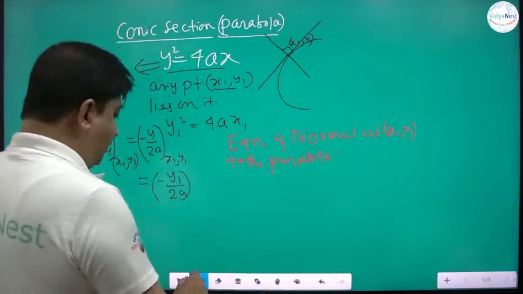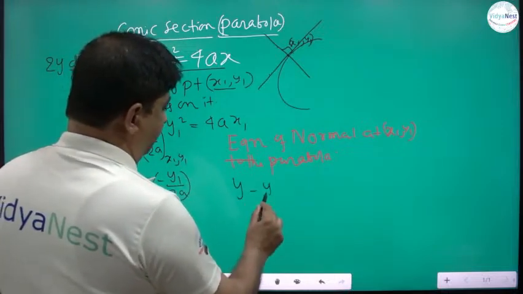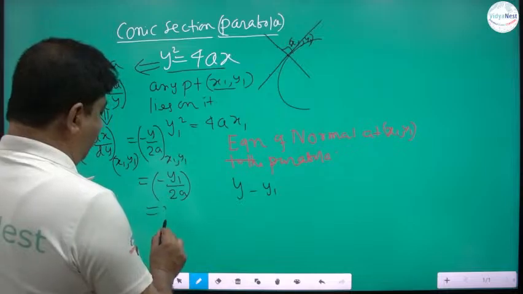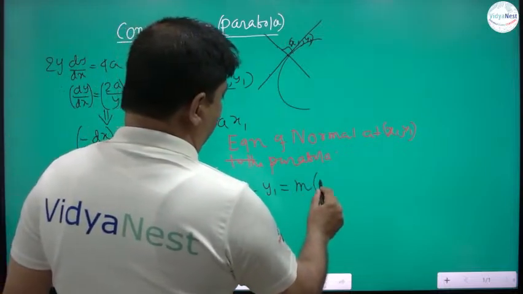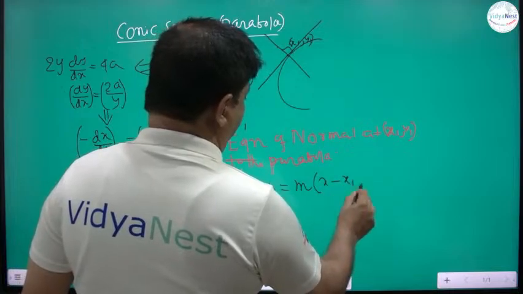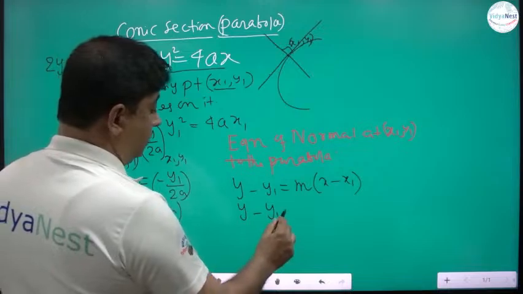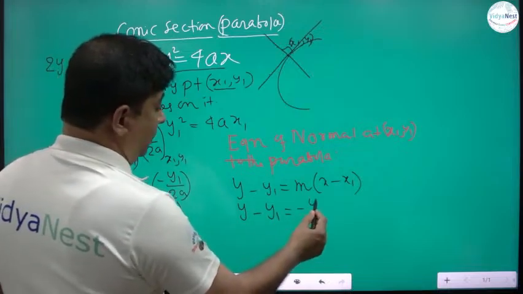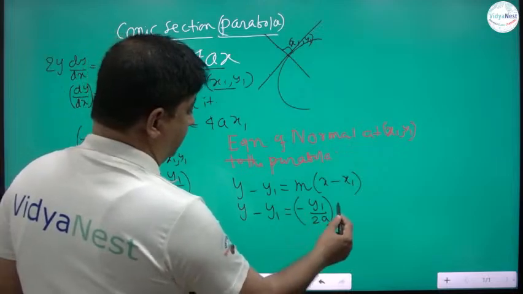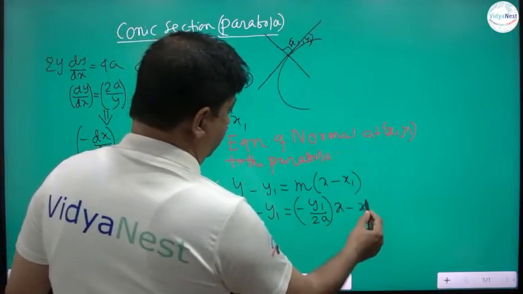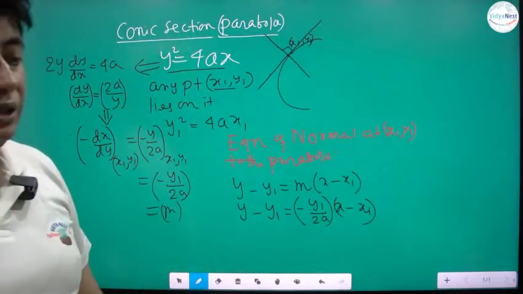So we can take the help of straight line: y minus y1 equals m, that is the slope, times x minus x1. What is m? That is minus y1 by 2a. This is the equation of the normal.